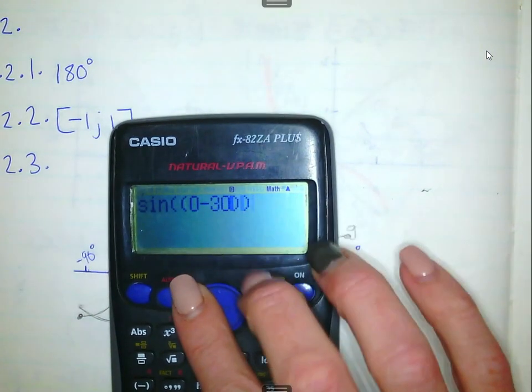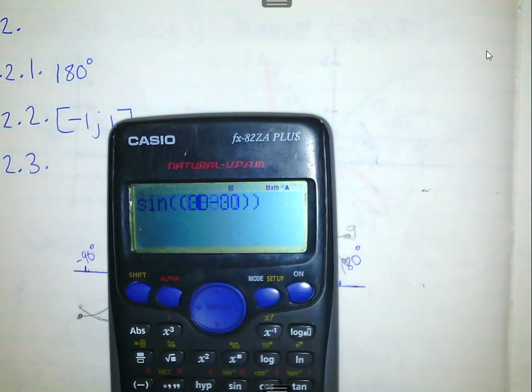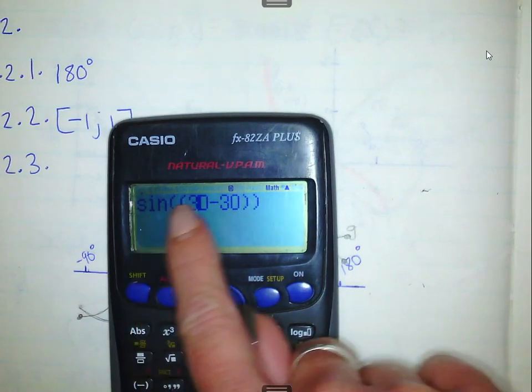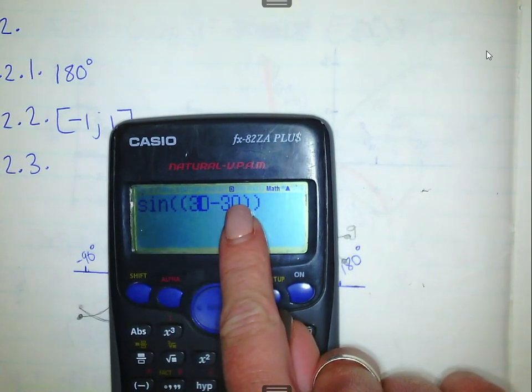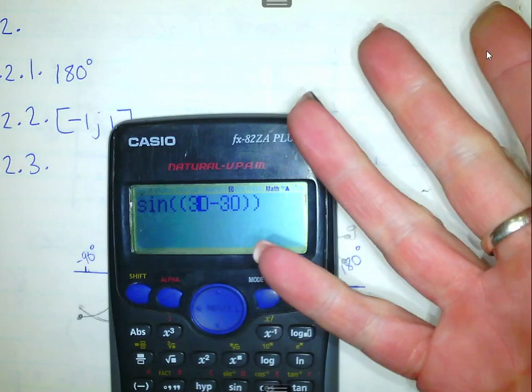That's why when I substitute in 30, the answer I'm going to get is going to be the answer that I usually get when I substitute in 0, if it was standard sin x. Because sin 0 and sin 30 minus 30 is the same thing.